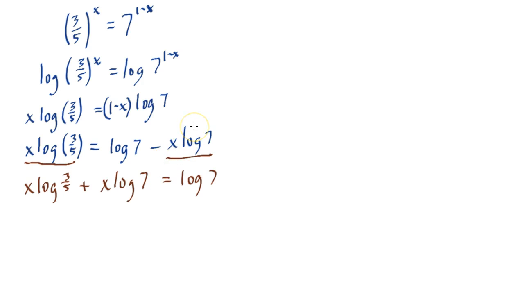Okay, so all we did was add x log 7 to both sides of the equation. Now realize that all the terms with x are on the left side of the equation, and what's nice about this is we're solving for x. So we have a common factor of x. It may not even be the greatest common factor, but you want to factor out just the value that we're trying to solve for.